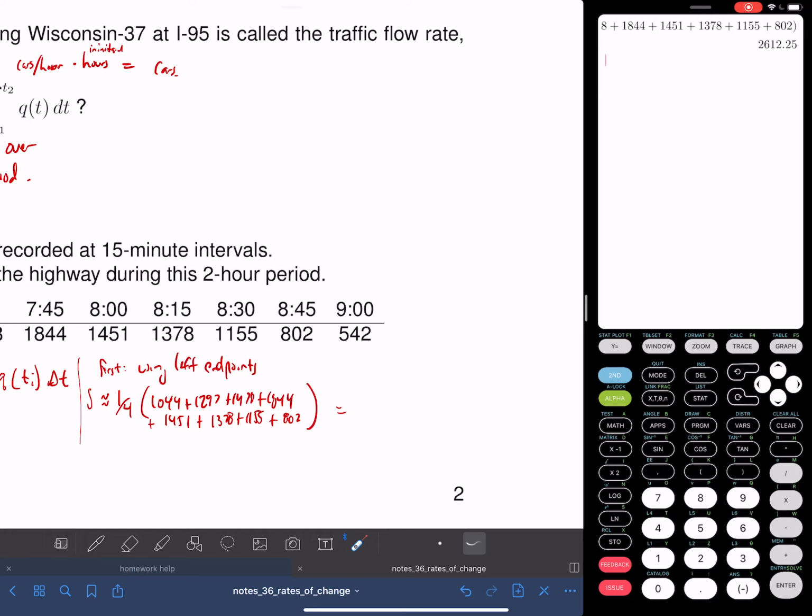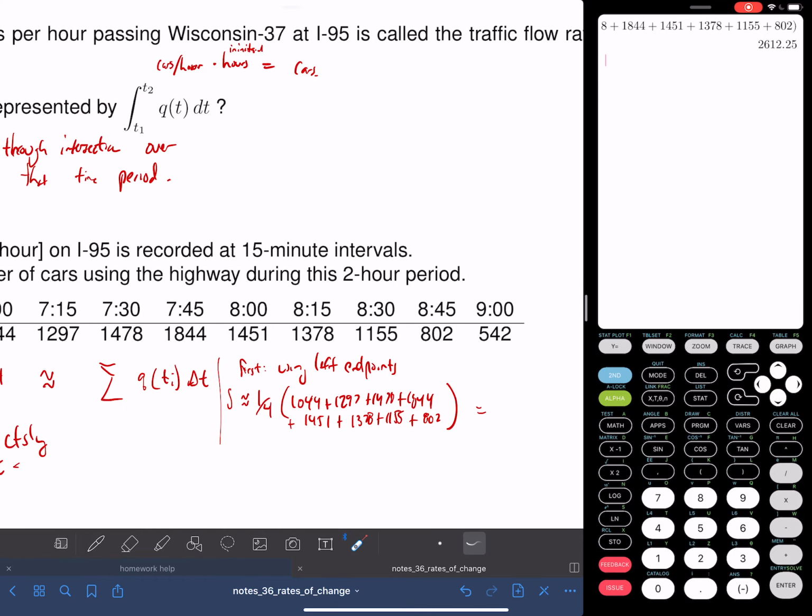Hang on. I did something wrong here. What did I do wrong? I have a quarter hour. No, I think that's right. Because what I was doing is mentally checking.